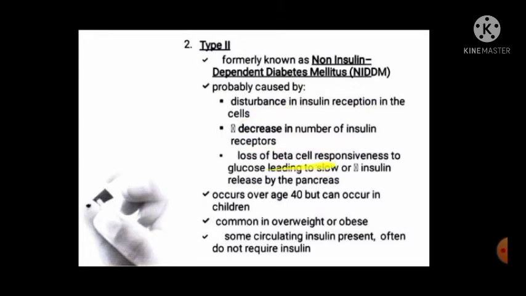Loss of beta cell responsiveness to glucose leads to slow insulin release by the pancreas. It occurs over the age of 14 but can occur in children also. It is common in overweight or obese persons. Some circulating insulin is present, so it often does not require insulin.